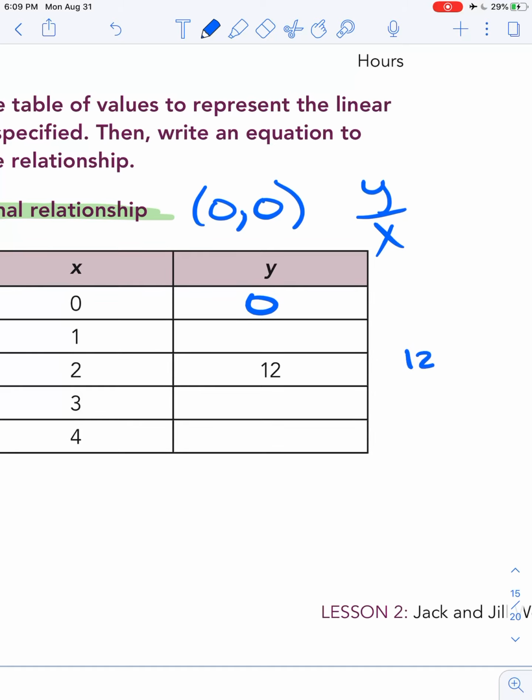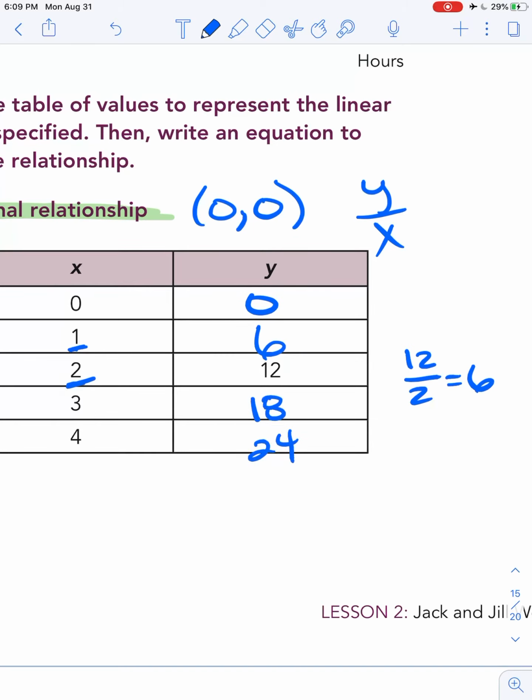So 12 over 2 will get me 6. So what over 1 is going to give me 6? 6 is. So aren't I just taking this number and multiplying it by 6?